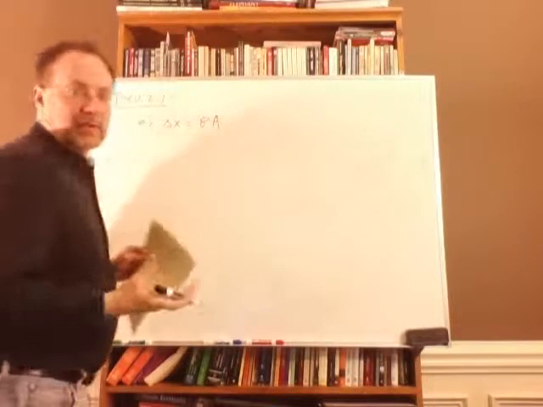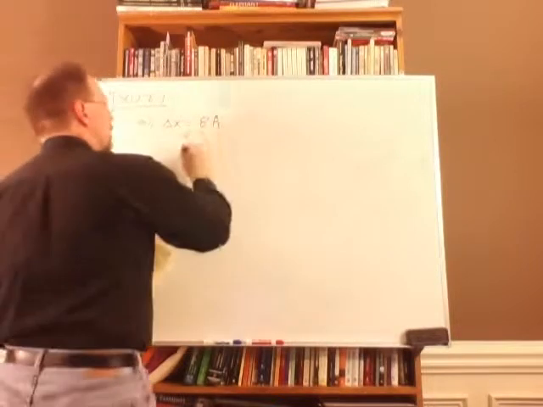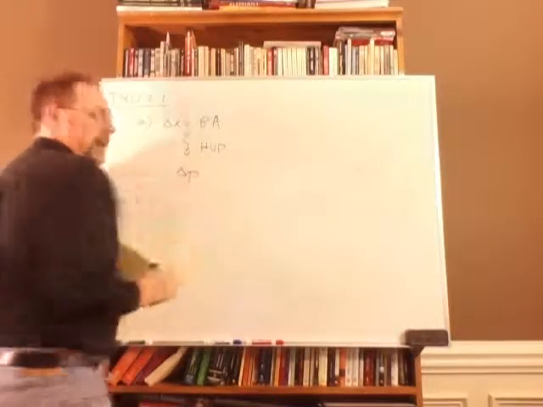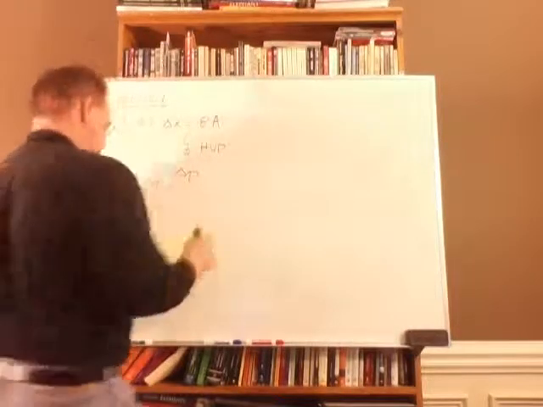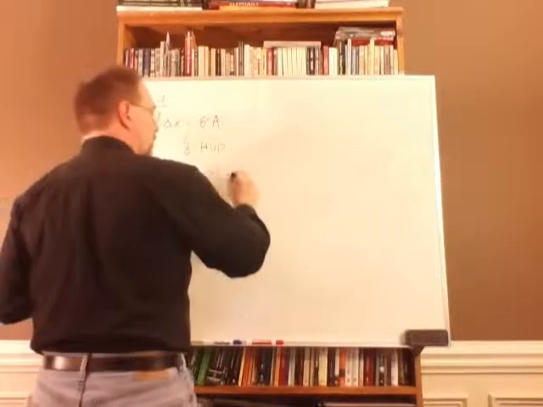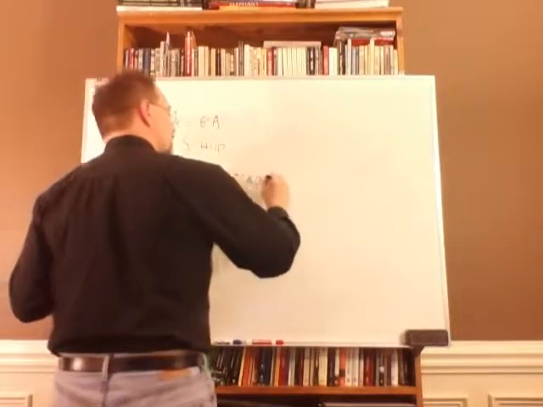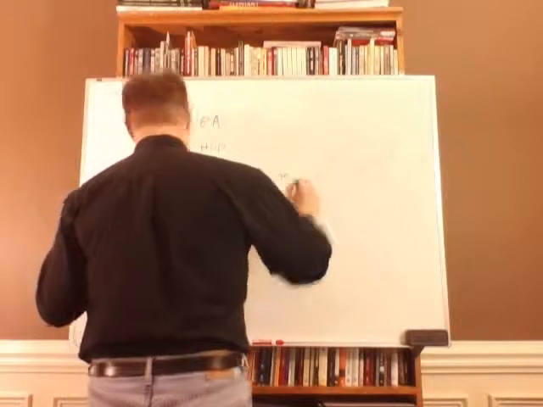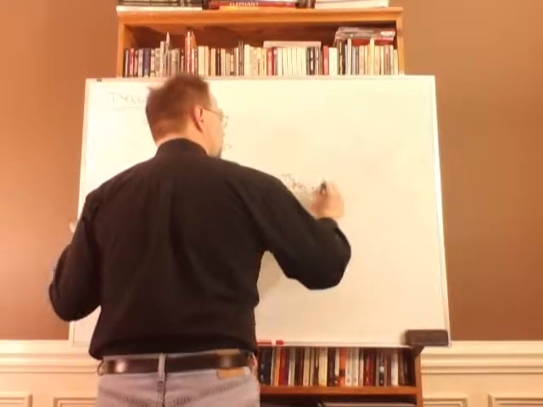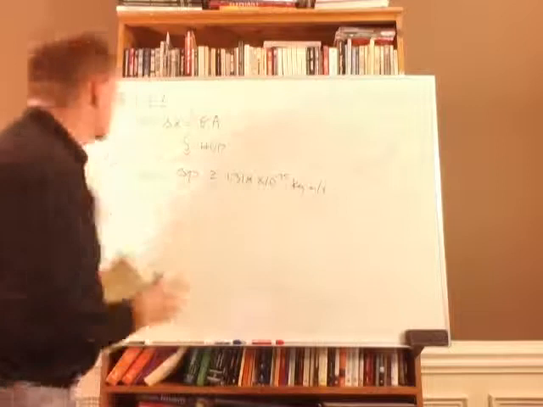And from the Heisenberg Uncertainty Principle, we can find directly that the uncertainty in momentum, delta p, is greater than or equal to 1.318 times 10 to the minus 25th kilogram meters per second. So we did that on Friday, part A.